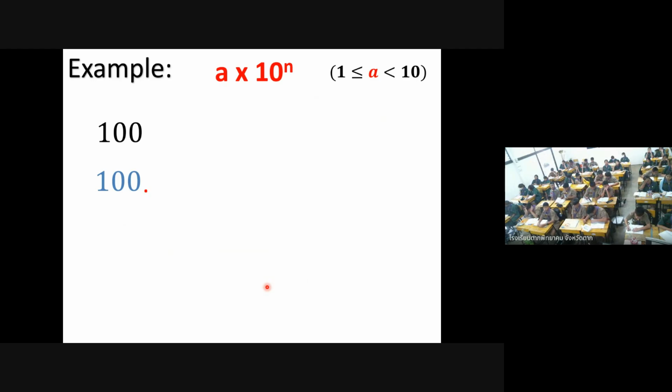Between 1 and 0. 1 can be the value of A, or 1.0, or 1. It's the same. Times 10 to the power of, how many times did we move? Positive or negative? Positive. So 100 is 1.0 times 10 to the power of 2.